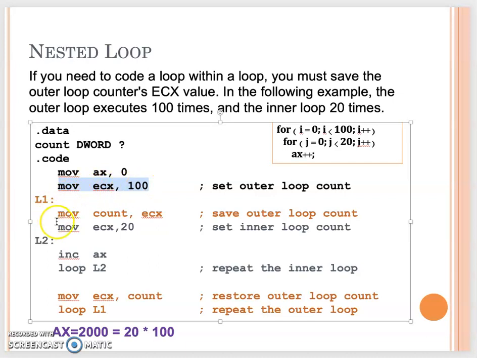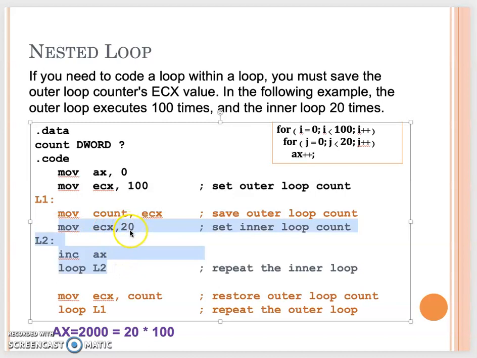So after you're done, right? Good. So then your outer loop is just counting 100 times. But for each outer loop iteration, we need to do 20 times for the inner loop. So this one is the inner loop, L2. For the inner loop, I need to have the ECX do 20 times, right?